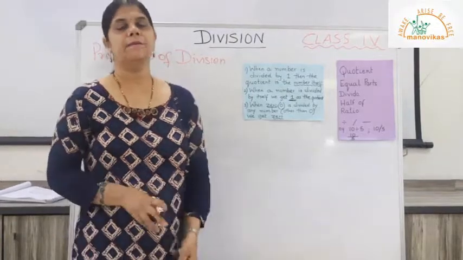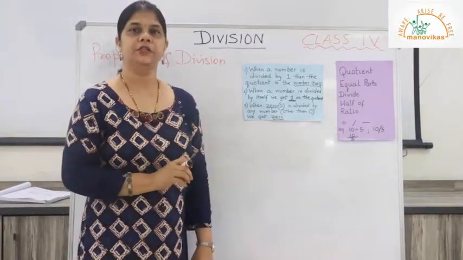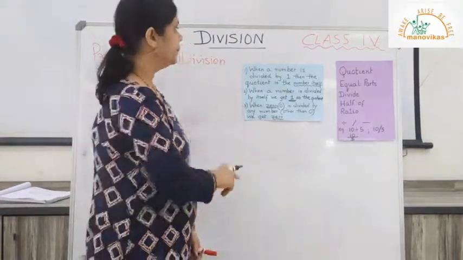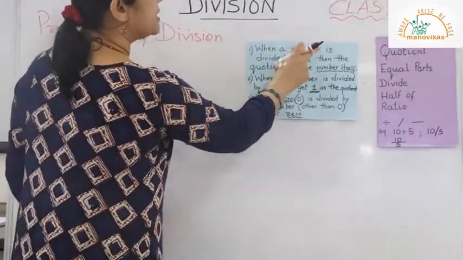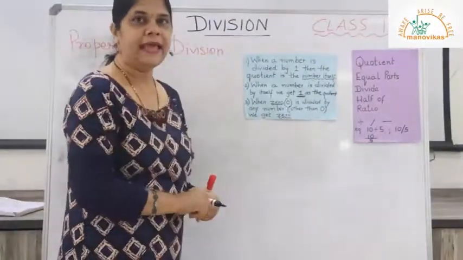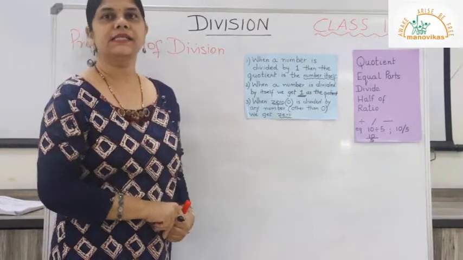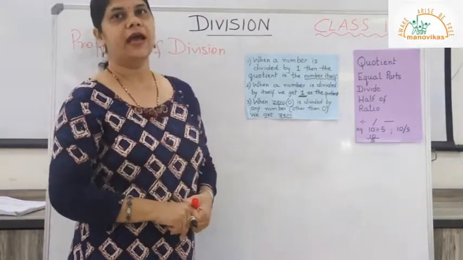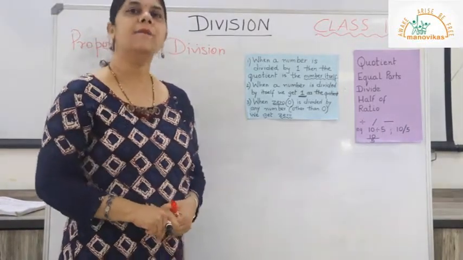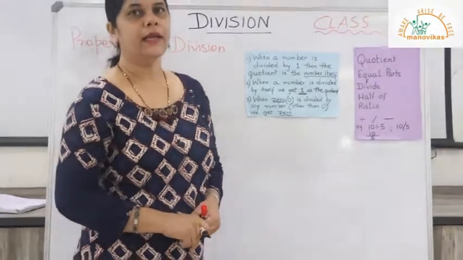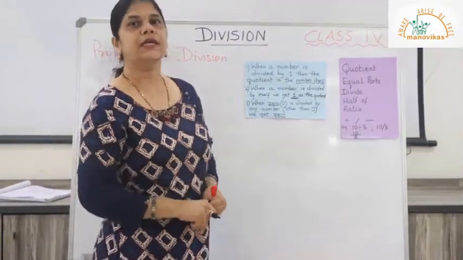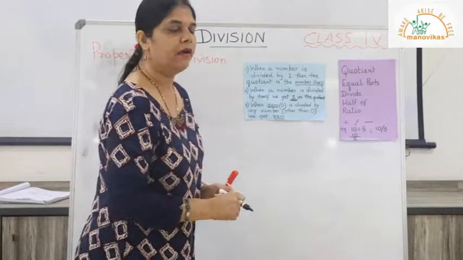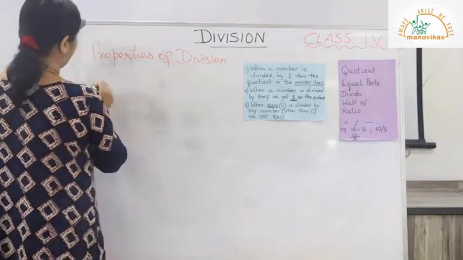We will see some properties of division. The first property, when a number is divided by 1, then the quotient is the number itself. I repeat, when a number is divided by 1, then the quotient is the number itself. We'll see it with the help of an example.